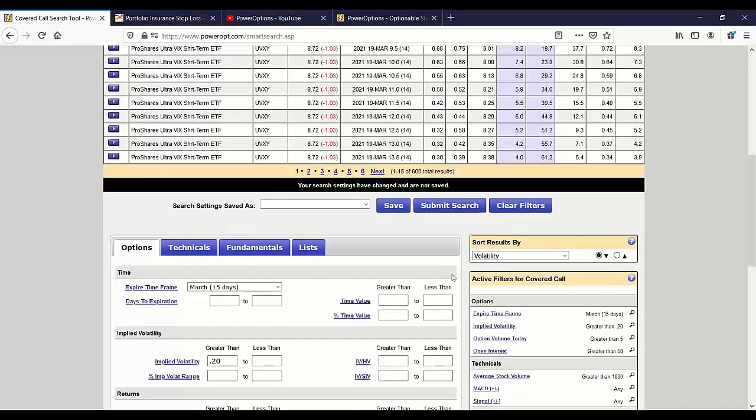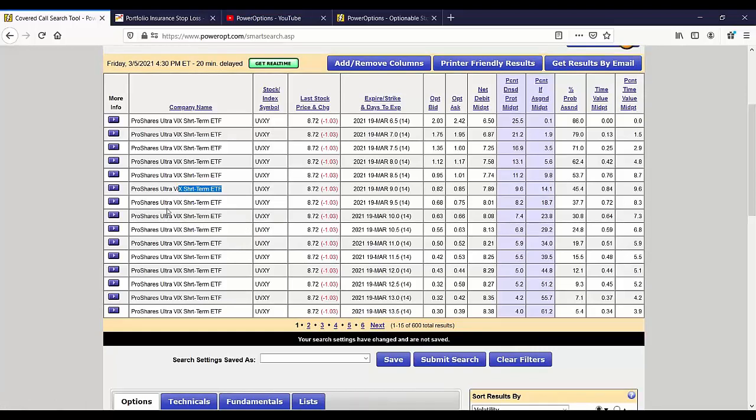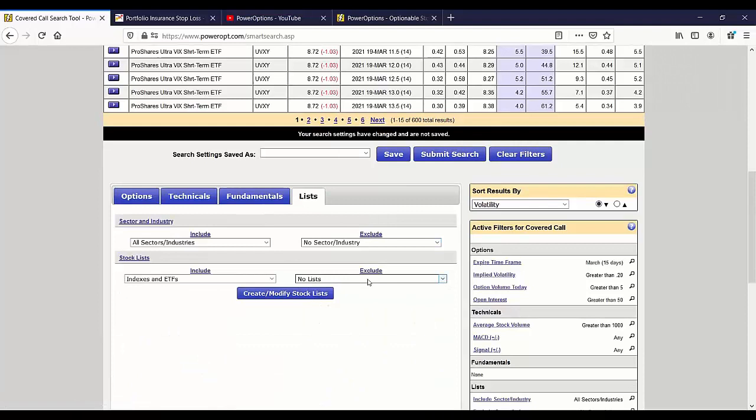But again, there's two things that we also have to clear up here. This is the ultra. It's 2 times short ETF. Robert didn't mention if he was interested in a bullish or bearish strategy. So if Robert was interested in a bullish strategy, what we'd want to do is remove any inverse ETFs.